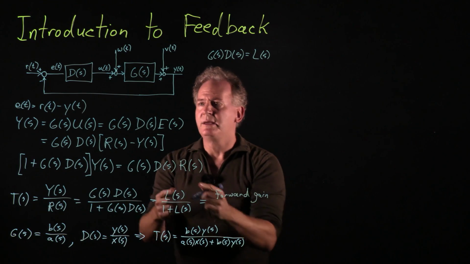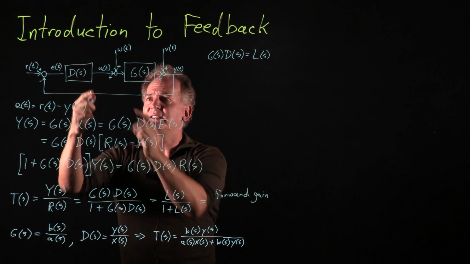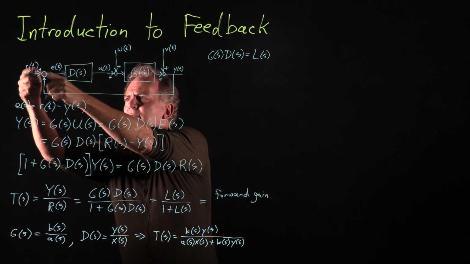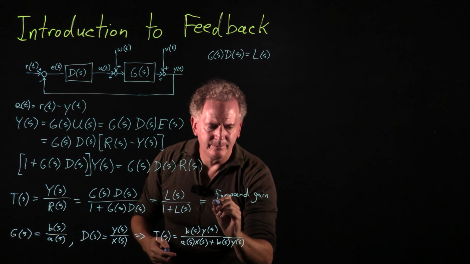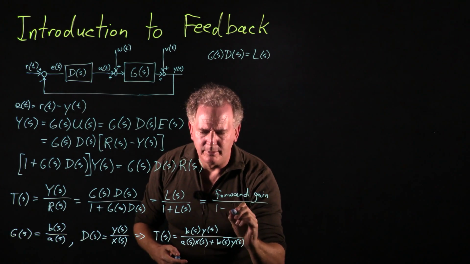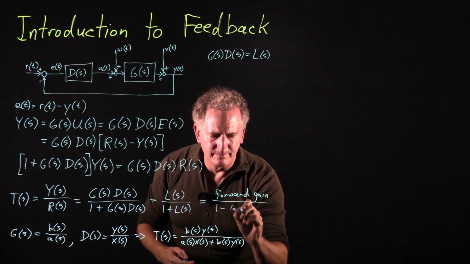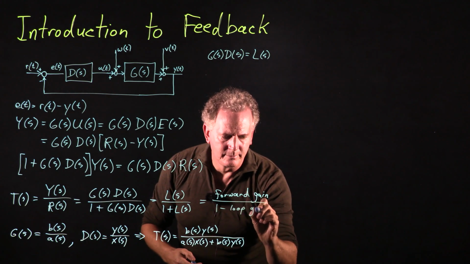In this case, L(s) is G(s)D(s), and so it's the forward gain from R to Y over the loop gain all the way around. So 1 minus the loop gain.